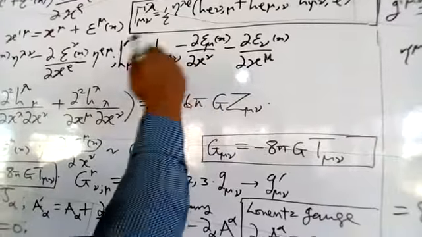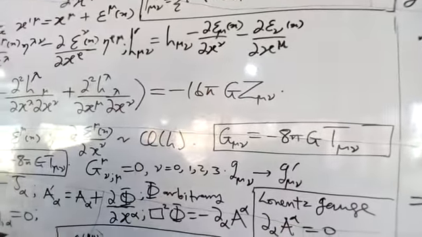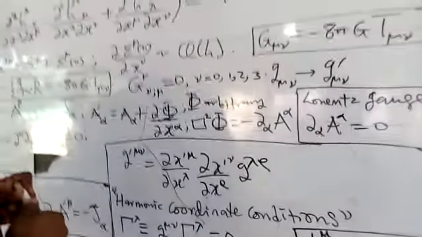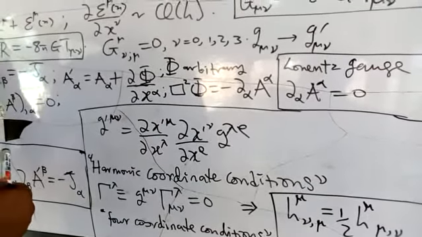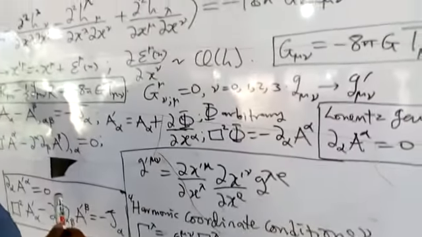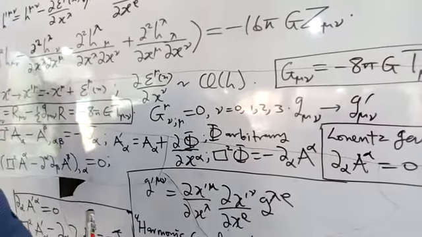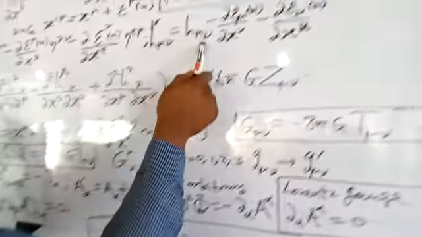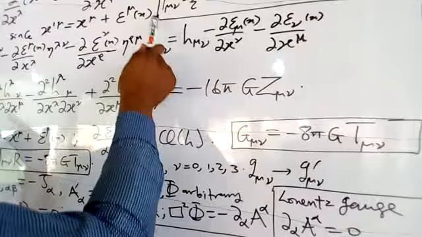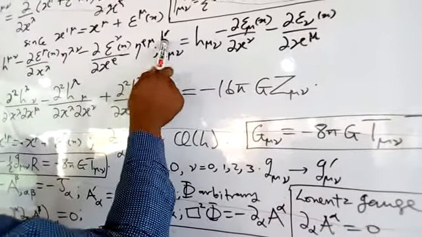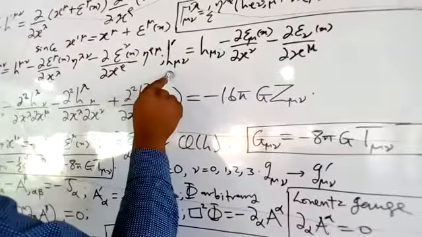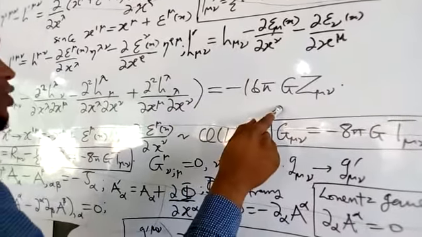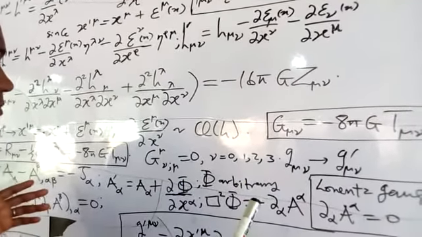So this illustrates what ambiguity we have as a result of this coordinate transformation. And of course, the fact that the field equations are satisfied either by this and at the same time by h'_{\mu\nu}, which is defined by this transformation. The fact that both this and this satisfy the field equation is known as gauge invariance.